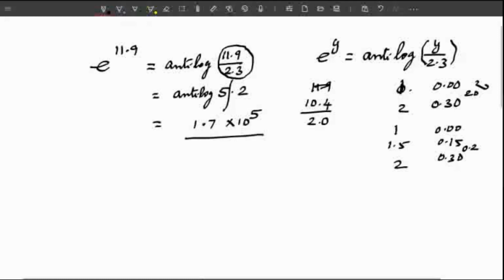Find out the correct answer for this. Anybody? E power 11.9 is equal to what? Nobody. 1.47 into 10 to the power 5.